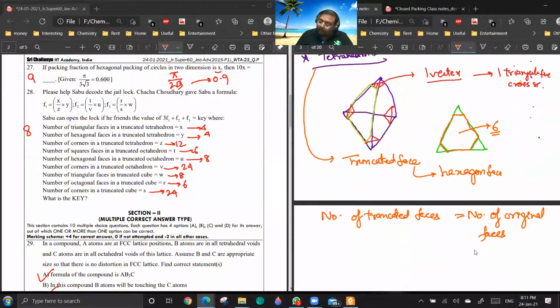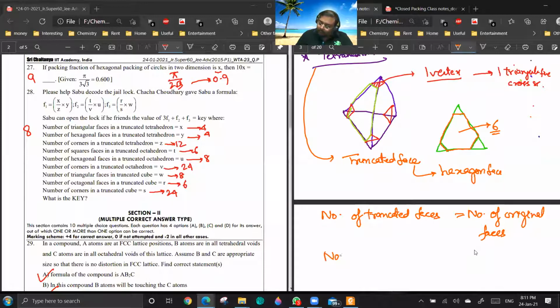And the number of truncated vertex cross sections is equal to the number of original vertexes. Yes or no?